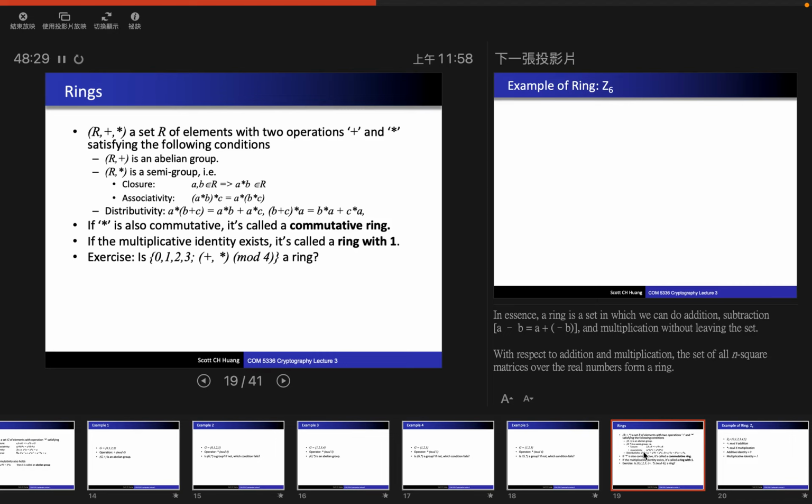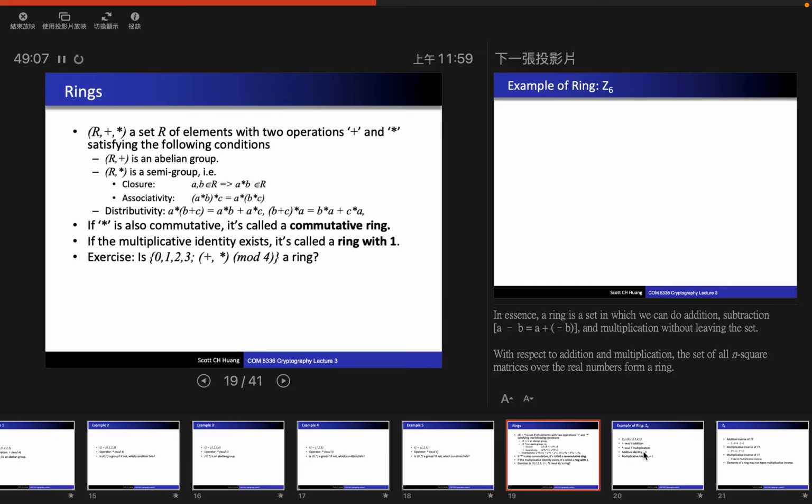An example: 0, 1, 2, 3, along with two operations, addition and multiplication, mod 4. Is this a ring? So you guys can check, is this a ring? 这个是吗？是不是 ring？ 0 1 2 3加成 mod 4，这样是不是 ring？ 符不符合？ So it is a ring.